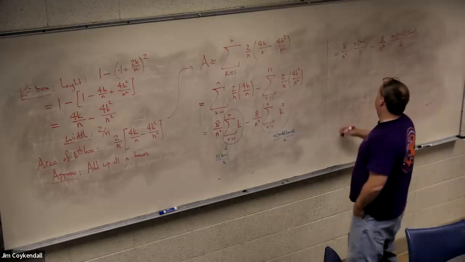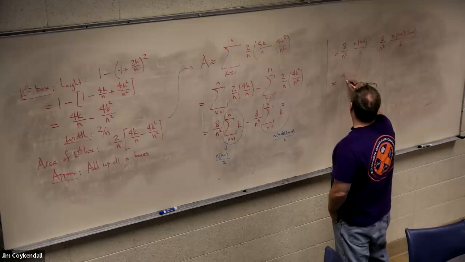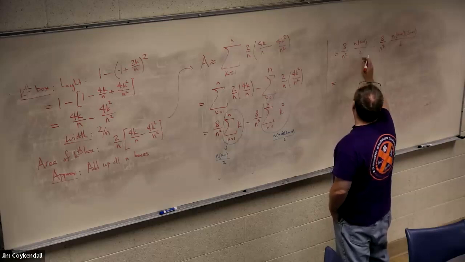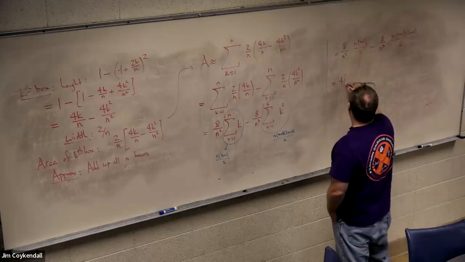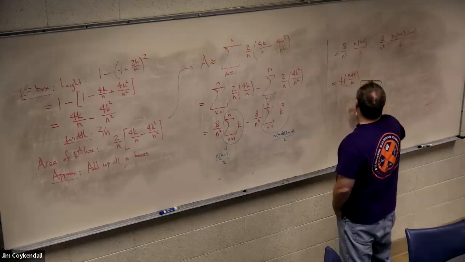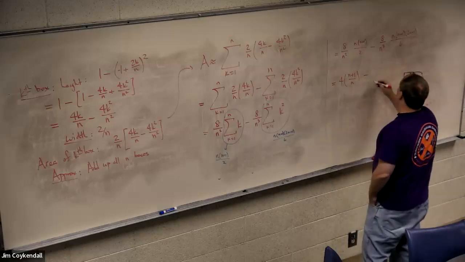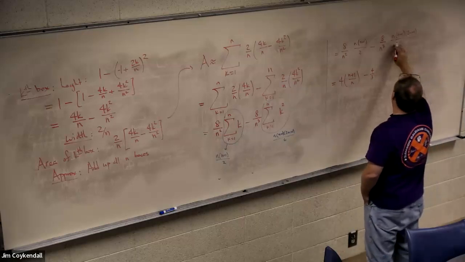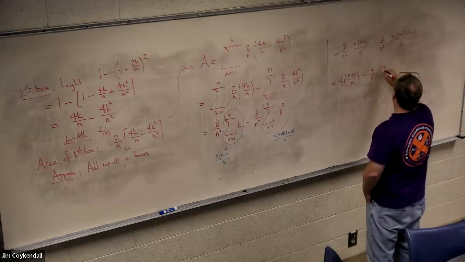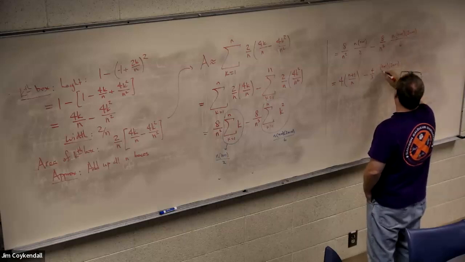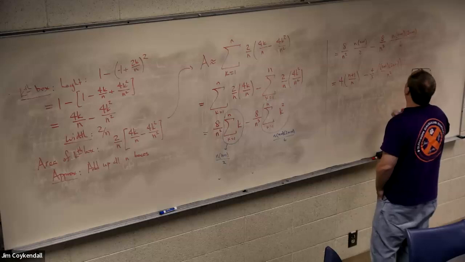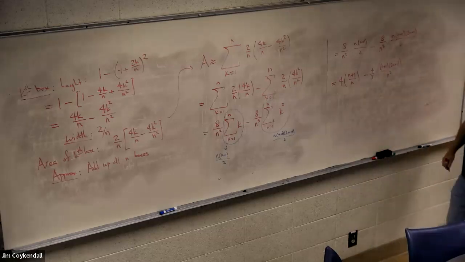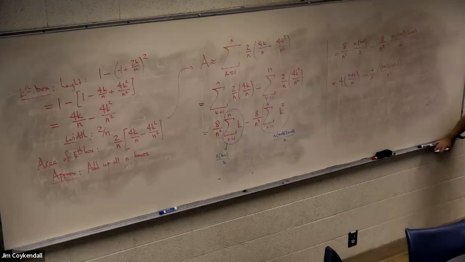I'm going to clean this up just a tad. This is 4. One n is canceled. This is 4 times n plus 1 over n, and this is minus 4/3 times n plus 1 over n times 2n plus 1 over n. Well, there's a nice little compact formula here.